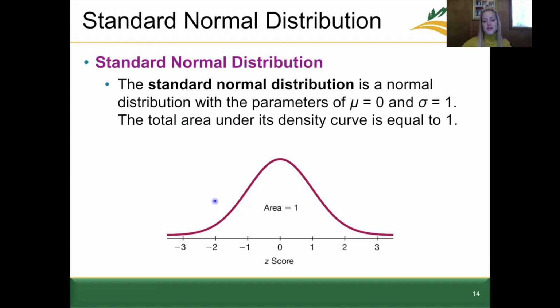For a uniform distribution, it was fairly straightforward to figure out the area under that curve because it was a flat line. For standard normal distributions, this curve is bell-shaped, so it's a little more complicated to figure out the area under a curve like this. It's not just a straightforward height times width equation. But we can still do this because the area under the curve does total up to 1.